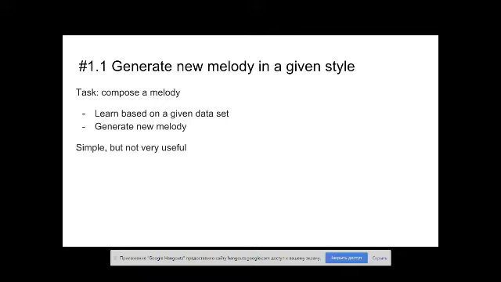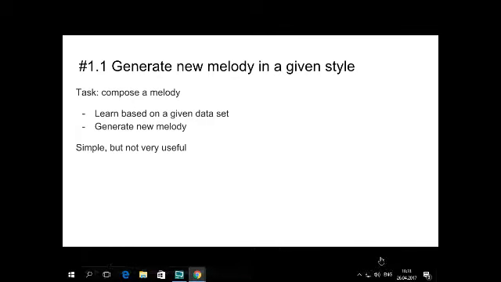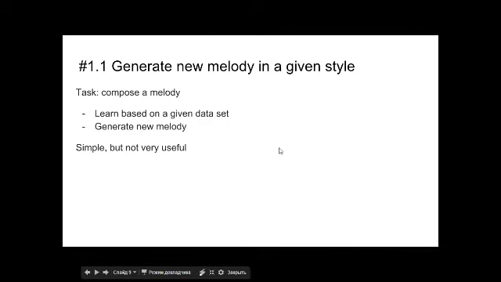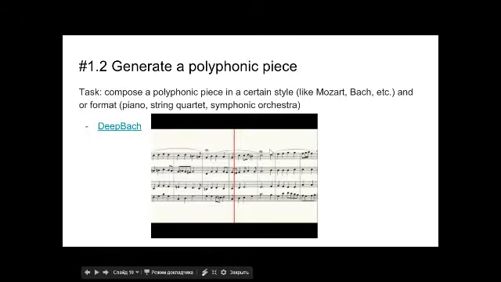We could learn based on a given data set, and there are many good examples of big data sets, like, for example, traditional songs, and they are usually represented as tunes, as one voice melodies, and we could generate melody based on that. That doesn't look like a very complex task, but it's also not very useful, because with just a melody, it doesn't sound very interesting.